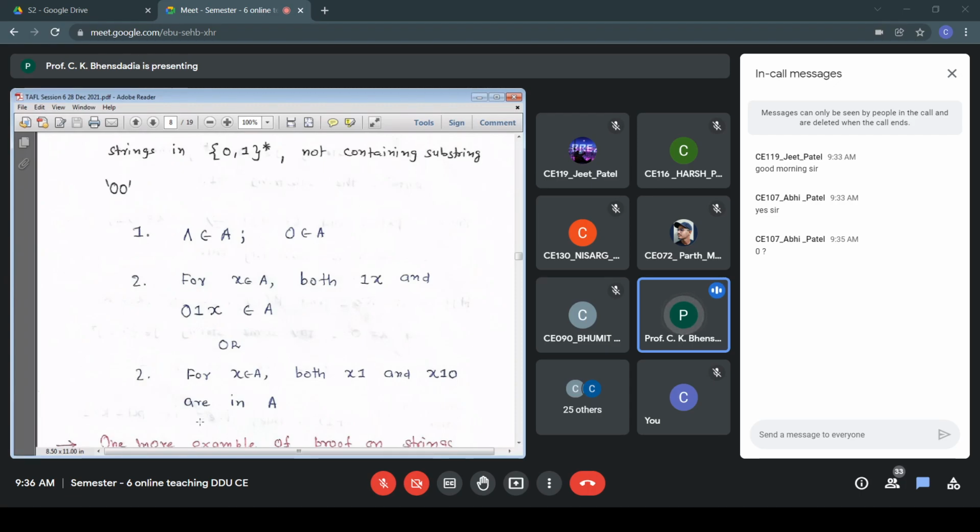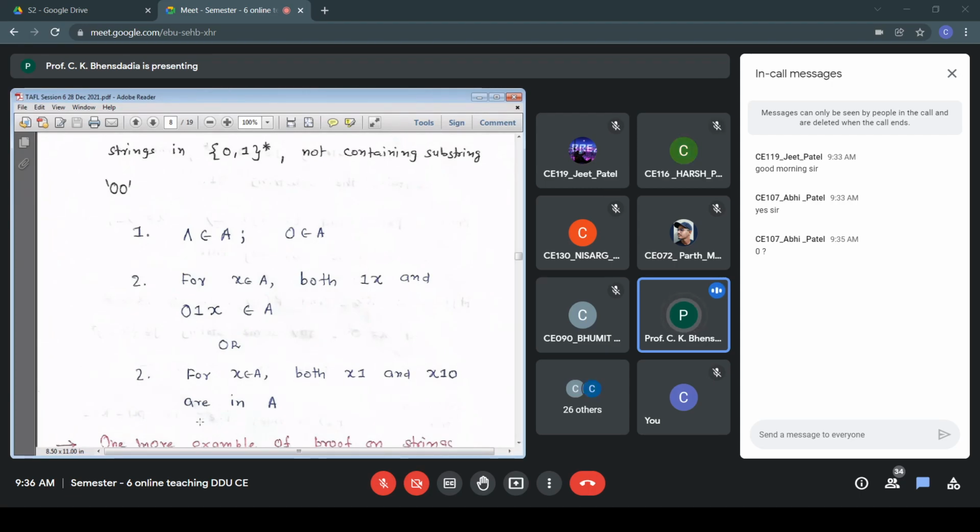Even in this particular case, if we combine all 4 possible combinations, 1x, 01x, x1, x10, still it is ensured that we don't have 00. There's no need to write it. Normally we'll avoid writing these combinations, because the more combinations there are, the more the possibility that I ignore some of the options.